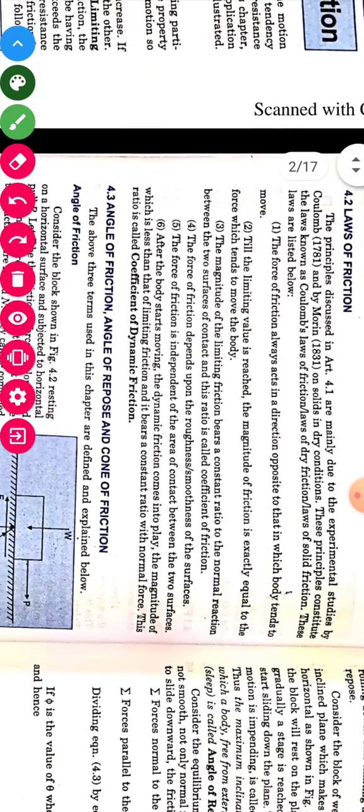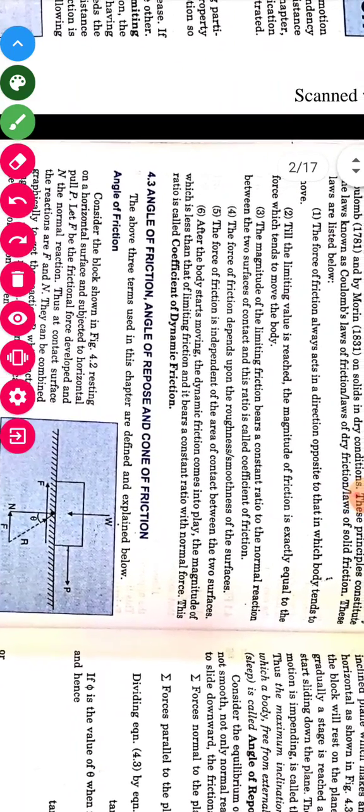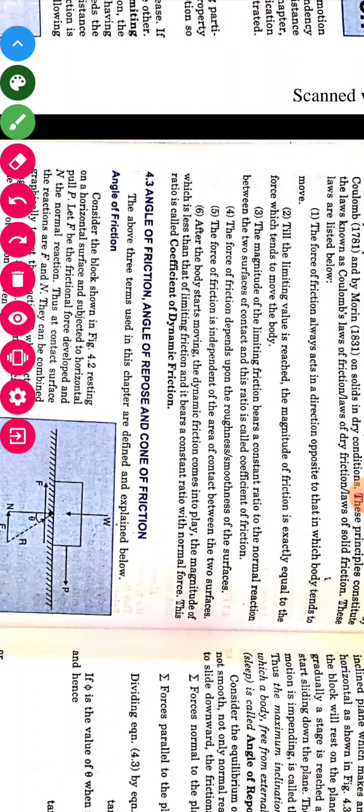Suppose for example here, in this case, if you apply force P, if you increase the force a little bit, this friction force will also increase. If you increase the force, again friction force increases. If you increase by some more quantity, friction force also increases.